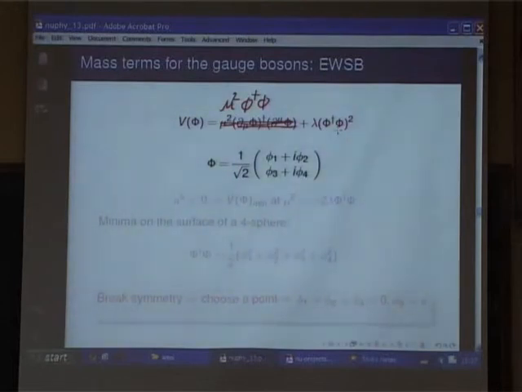Now you might have looked at this Higgs potential in pictures. That usually is a one-dimensional thing. This is a four-dimensional thing because phi is actually two complex numbers, phi plus and phi 0. So upstairs is phi 1 plus I phi 2, here is phi 3 plus I phi 4.